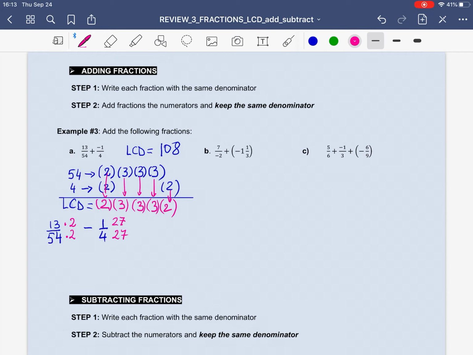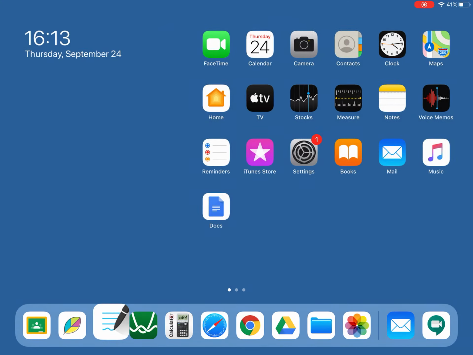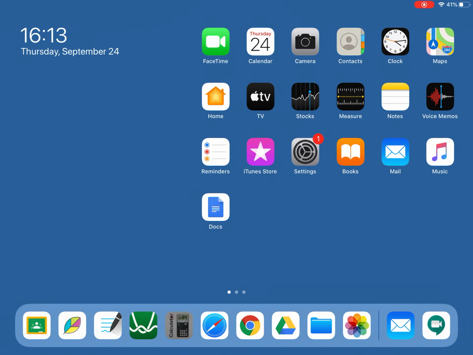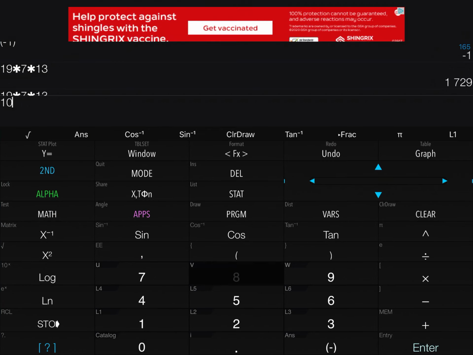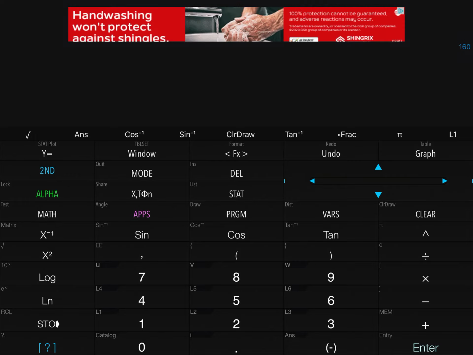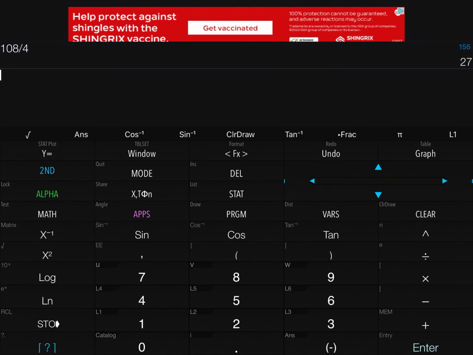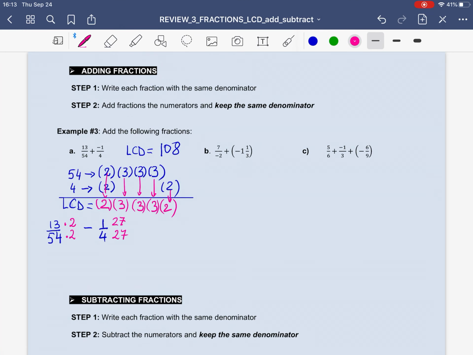And the way that you figure out 27 is this. If I want a number to multiply 4 by to get the lowest common denominator 108, you divide 108 by 4, and then you get 27 there.